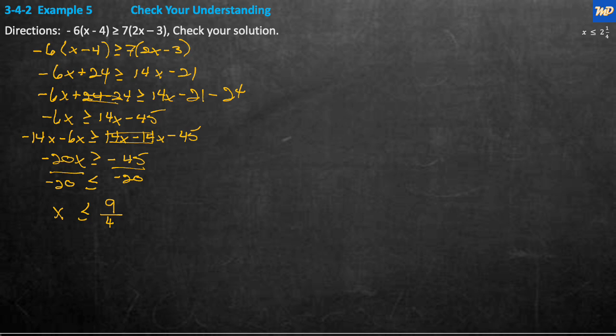Now we're going to check it. So to check it, I'll write the problem again over here. Negative 6 times the quantity x minus 4, and we're going to check for the equals. Did we do the math correctly? So equals 7 times the quantity 2x minus 3. Let's start with the left-hand side and just solve this side by itself. So we're going to say negative 6 times the quantity 9 fourths minus 4.